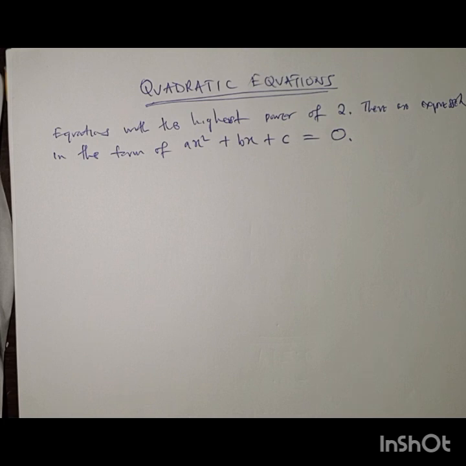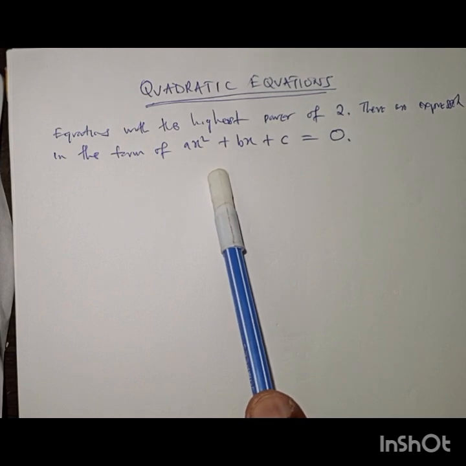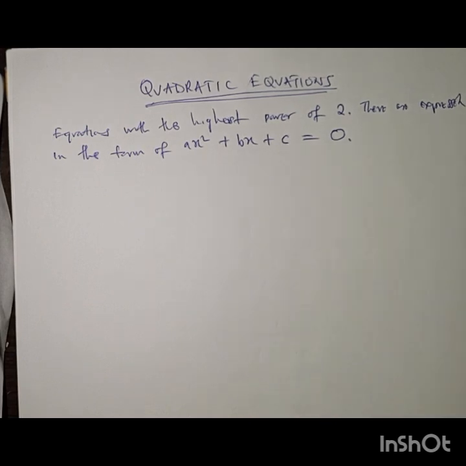Okay, so quadratic equations are expressed in this form. It's ax squared plus bx plus c is equal to 0, where a, b, and c are constants. Okay, a, b, c are constants.